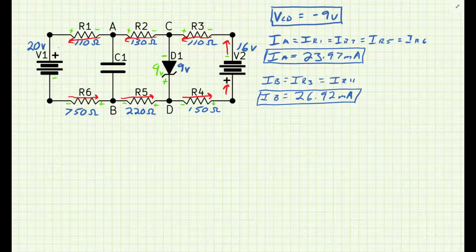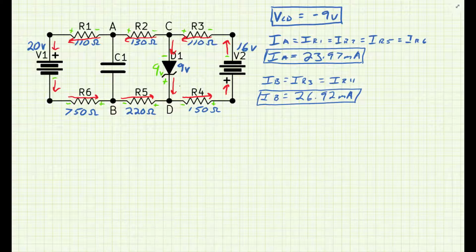Into this positive, out from that negative. And there will be no current through C1 as we've assumed it's a full charge. We don't yet know the voltage there. Now, that diode, I can tell the direction of its current. It's got to be going in from negative to the positive side.